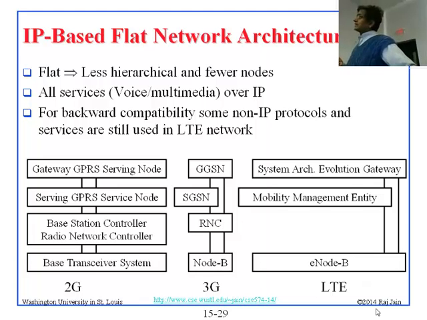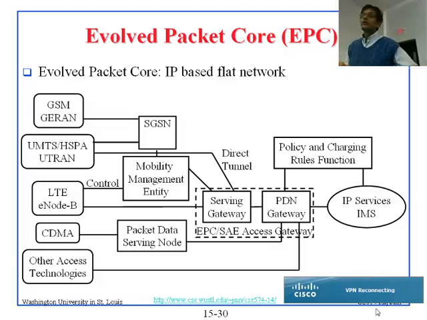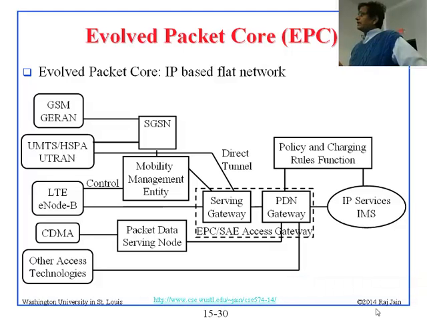Now what happens is, while this is nice, if somebody has a 2G phone, how do they connect to the LTE network? So basically what happens is the real network looks more like this. Real network is a hodgepodge of the old and the new. The real network has the GSM RAN, it has the UMTS UTRAN, then LTE node B, CDMA if somebody had a CDMA, their thing, and if there is something else, they have their thing.